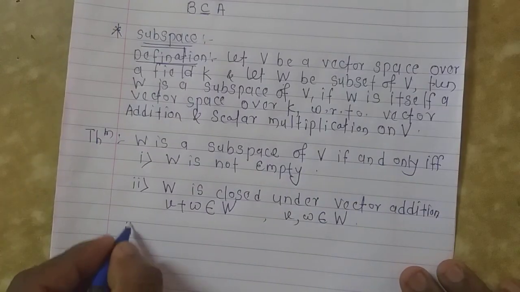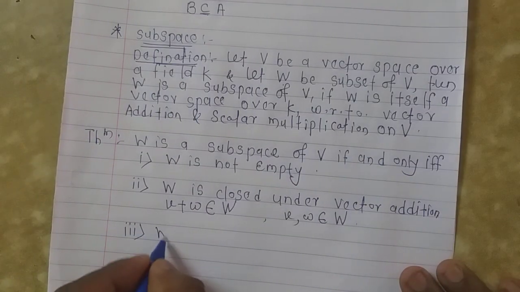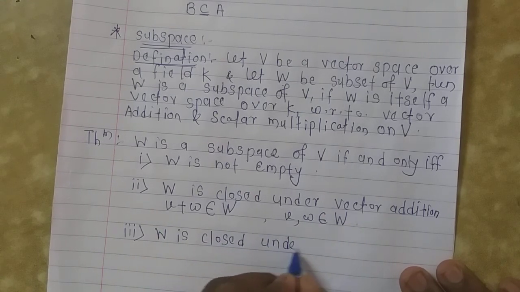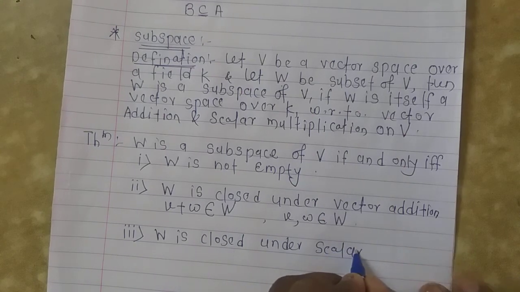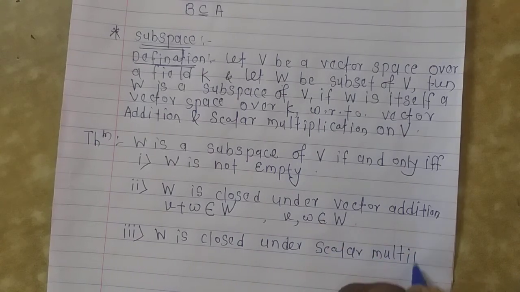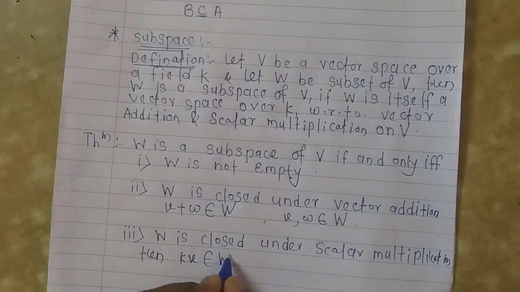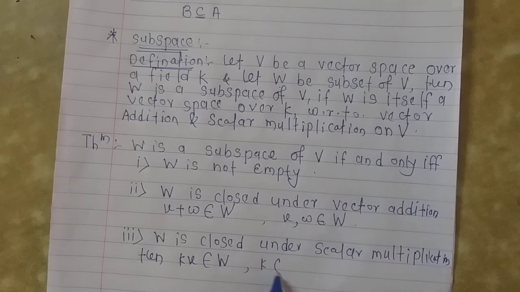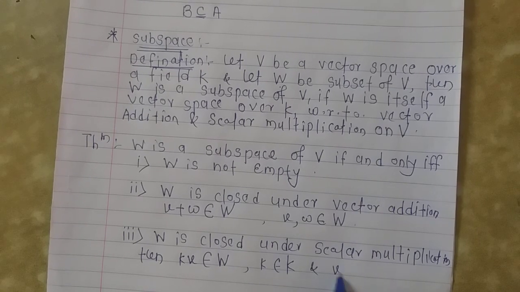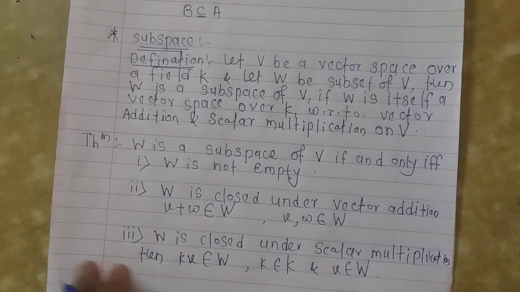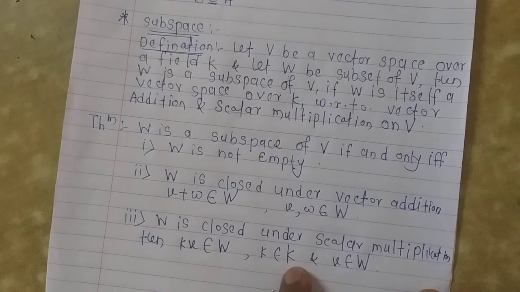Then third, W is closed under scalar multiplication, then kv belongs to W, where small k belongs to capital K and v belongs to W, because W is itself a vector space, and that u plus v belongs to W under vector addition and scalar multiplication.